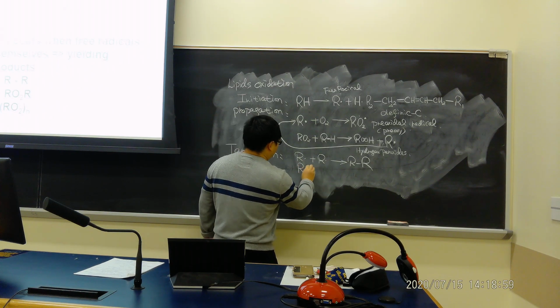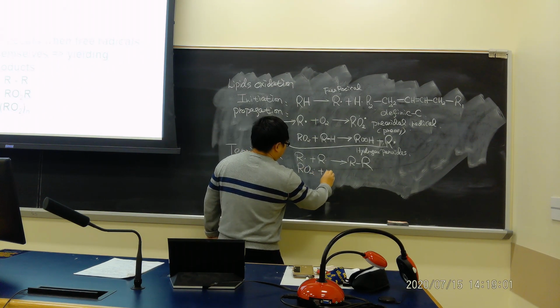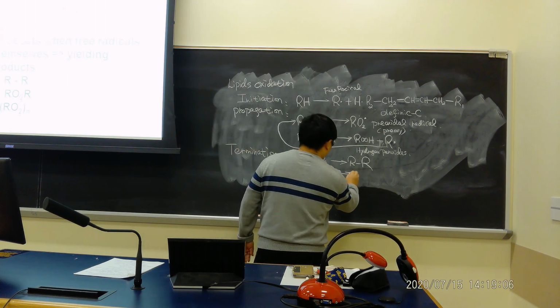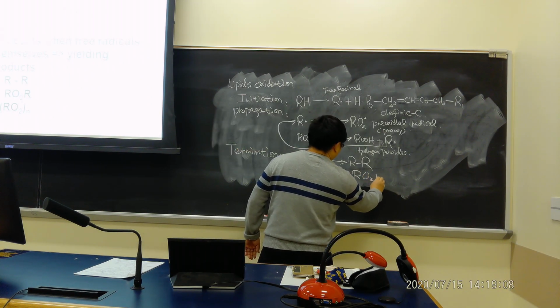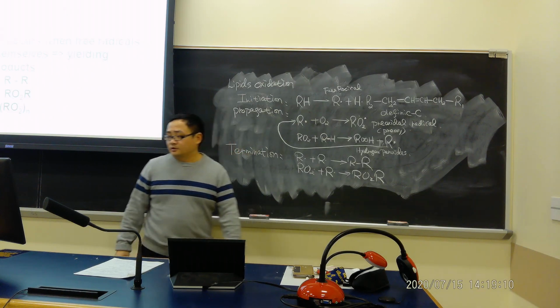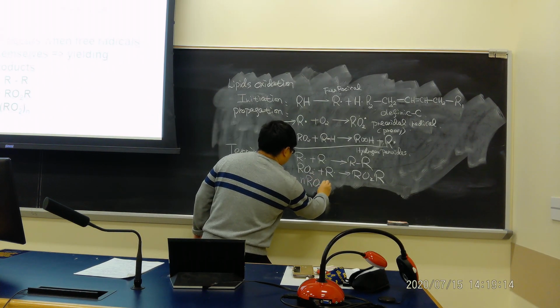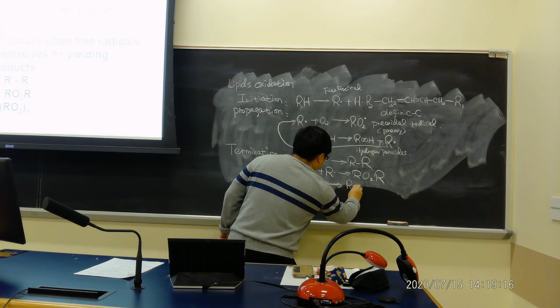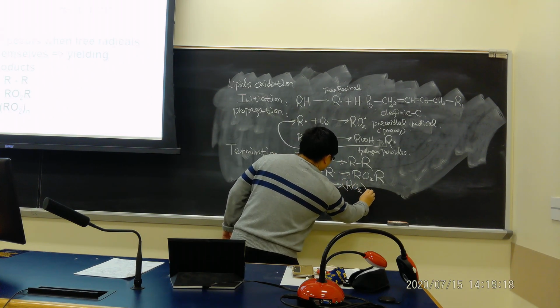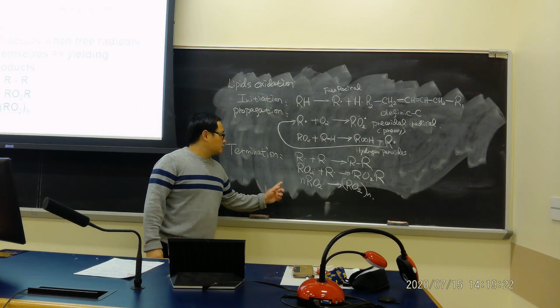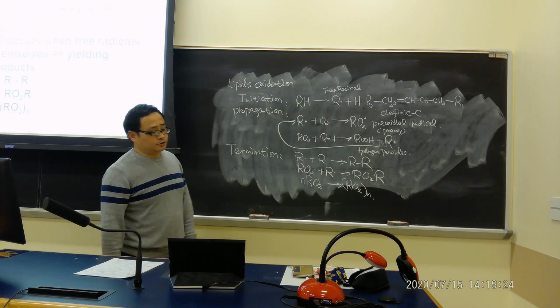And this free radical with a peroxy free radical becomes RO2R. And then multiple peroxy radicals will be combined to become a chain. That's called termination.